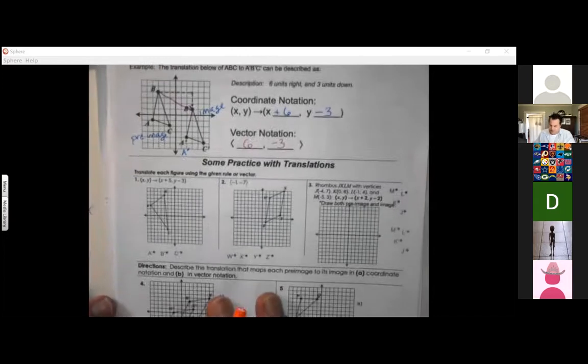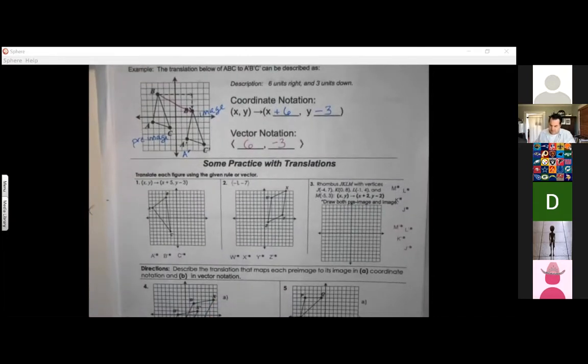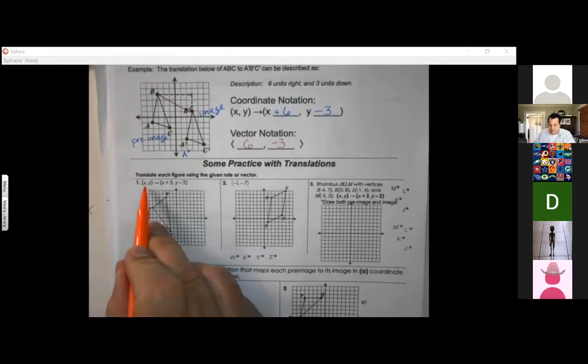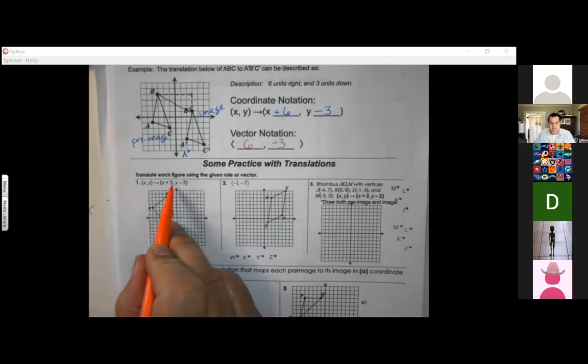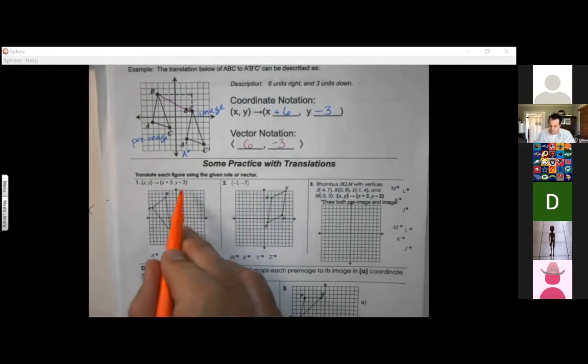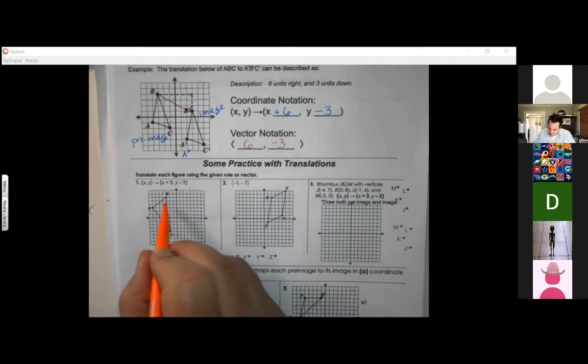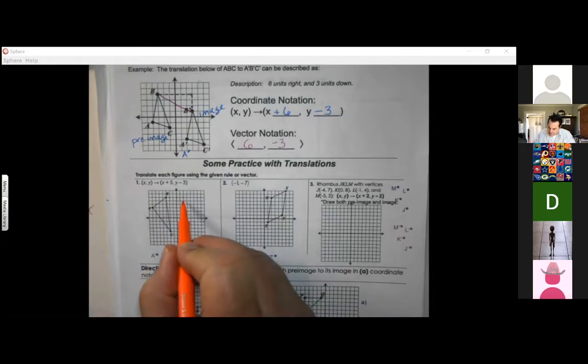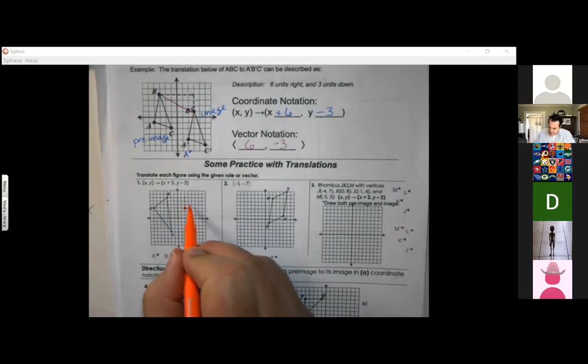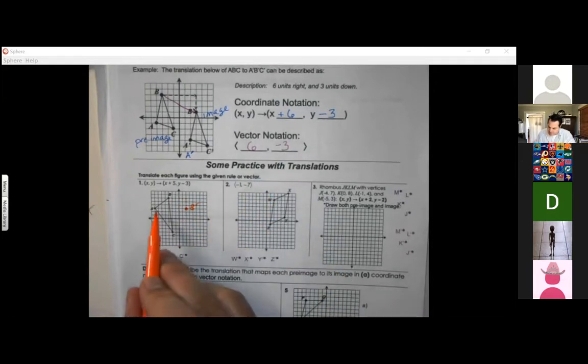Okay, so here's some practice. If we're given this rule, it says that X is going +5 and that Y is going down 3. So each of these values will go over 1, 2, 3, 4, 5 on the X and down 1, 2, 3. So if that was B, this is now B prime. This is going to go over 1, 2, 3, 4, 5, down 1, 2, 3.